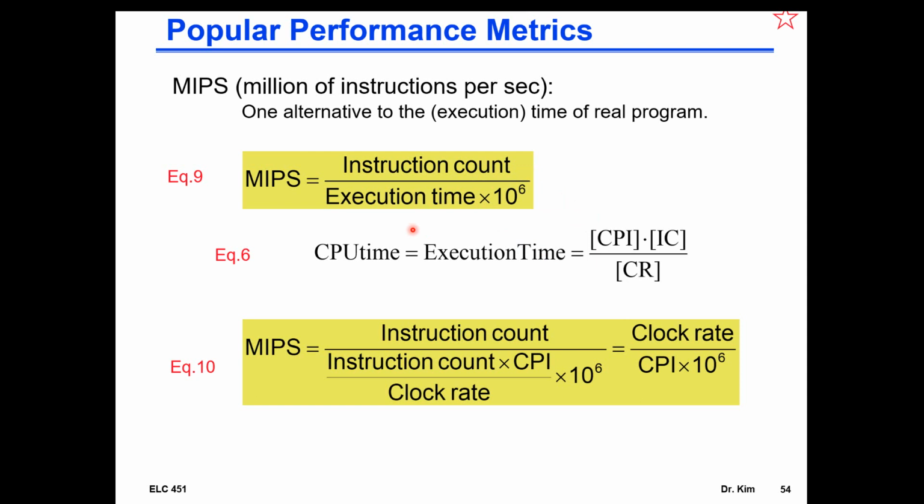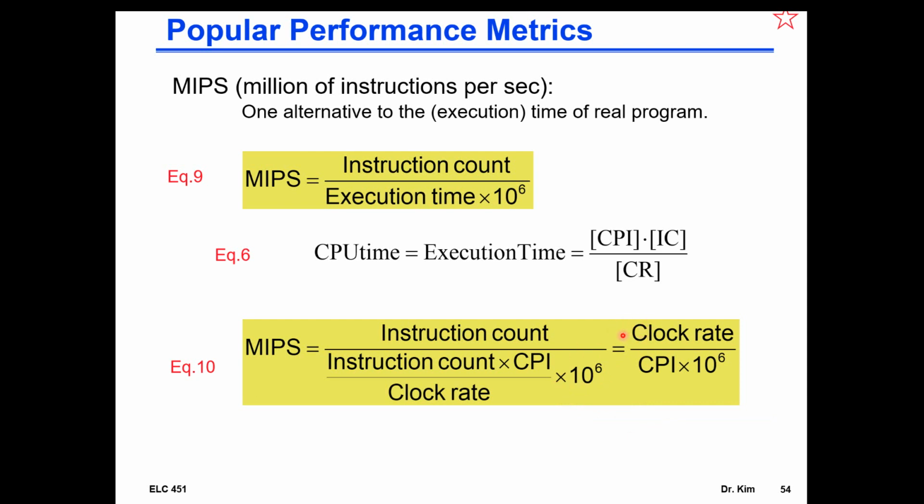Now you could say that the CPU execution time in this context is the CPI times the instruction count divided by the clock rate, such that the MIPS then becomes the instruction count divided by this ratio, instruction count times CPI divided by clock rate times the multiplier.